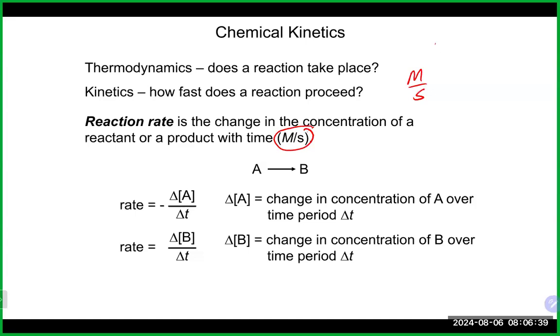A lot of times this is the rate of what we're looking at in a chemical reaction, which is the change in concentration over time, which obviously is a rate: how fast you do something per period of time. When we look at the reaction rate, you could do it for reactants. You could also do it in relationship to products.